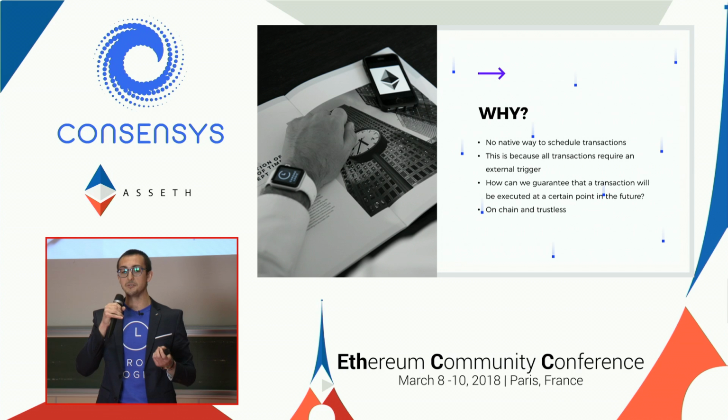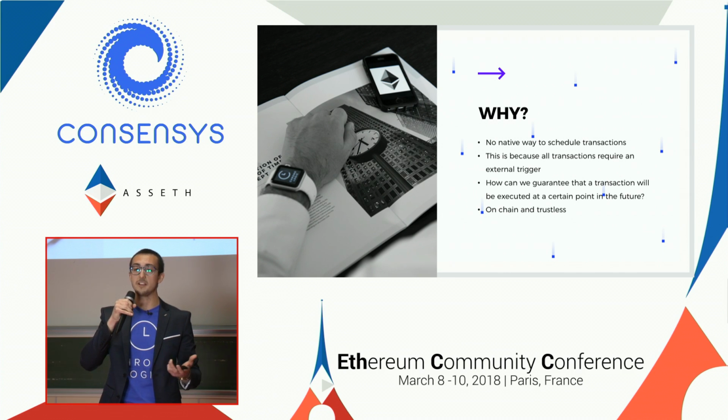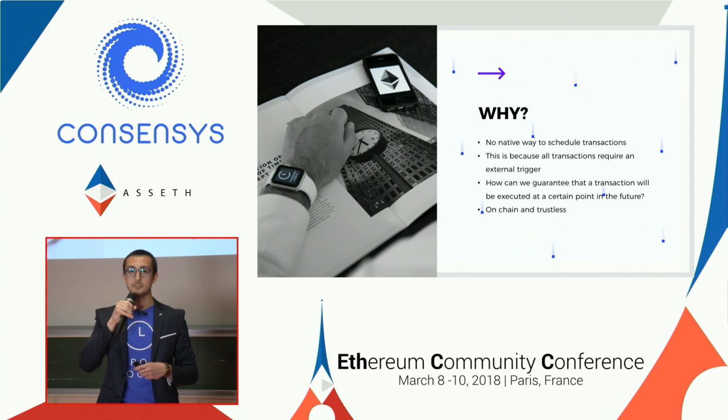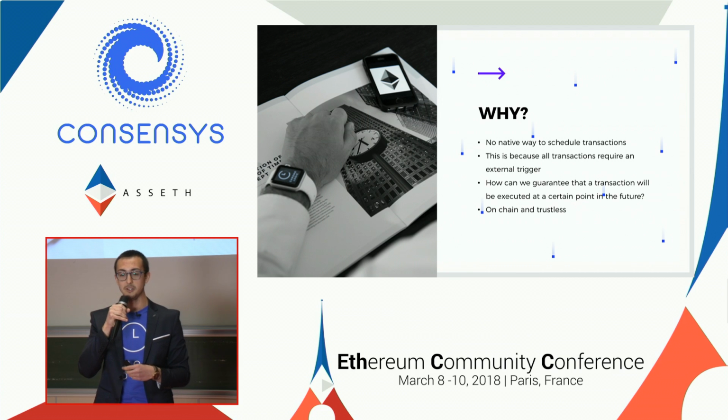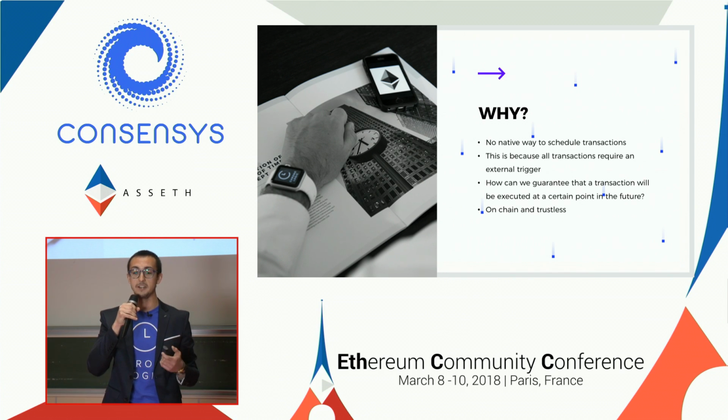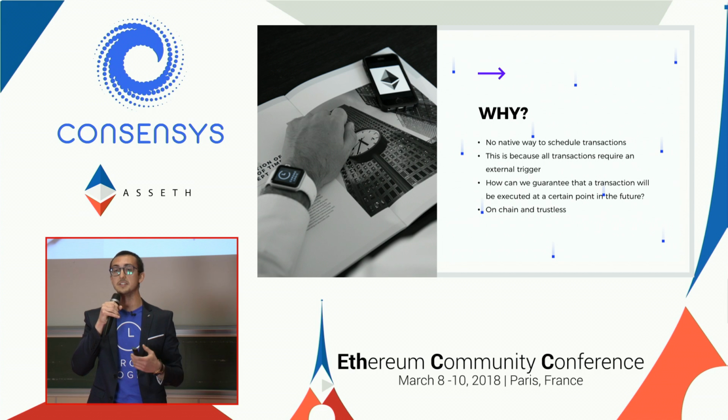So what we want to do is be able to set the parameters ahead of time, say when we want this transaction to happen, and then have guarantees that that transaction will go through. There are various solutions for this that involve just server-side cron jobs. The big value add of the Ethereum alarm clock is that it's on-chain and trustless and uses incentives to guarantee executions.